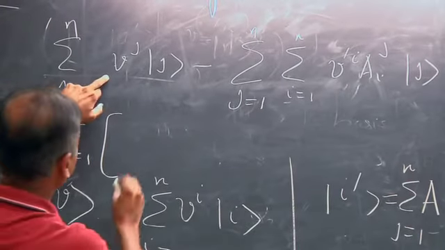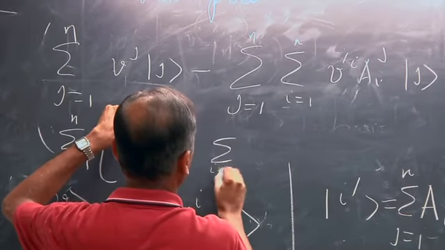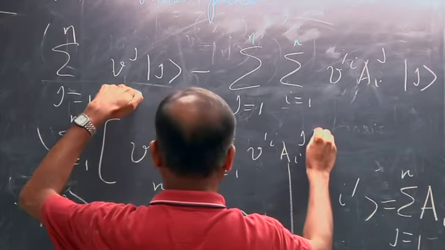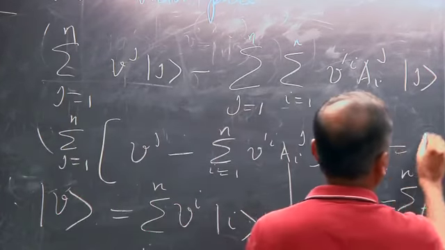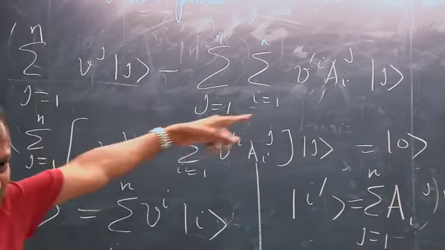And then here you have vj, and here you have minus sum I equal to 1 to n of v prime I, aij. This whole thing is multiplying j, and that's equal to the null vector, right? So that's what I did. I did two steps there in one stroke.